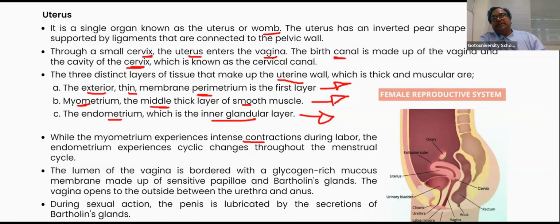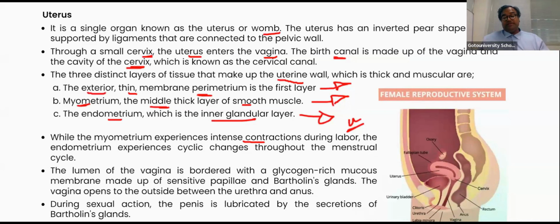What do you mean by labor period? The baby is ejected out of the mother's body at the end of pregnancy. That we call the labor period. Don't think this labor is swelling, that is wrong. This labor period is different. In this period, the baby is given out from the mother.